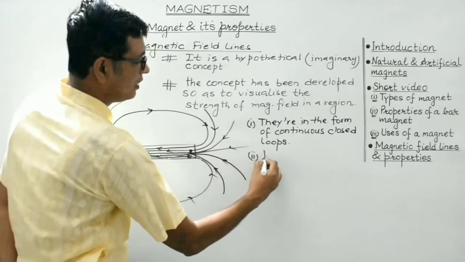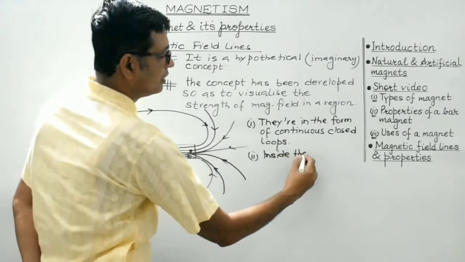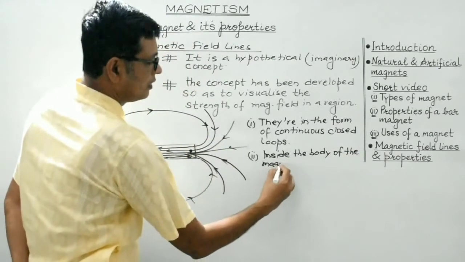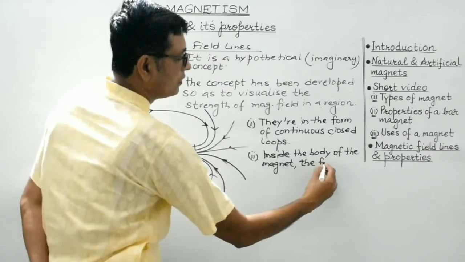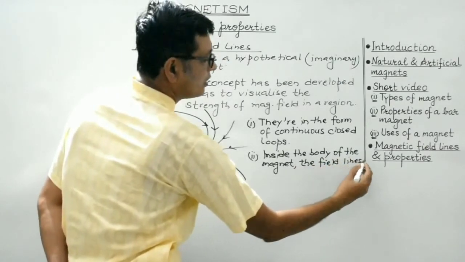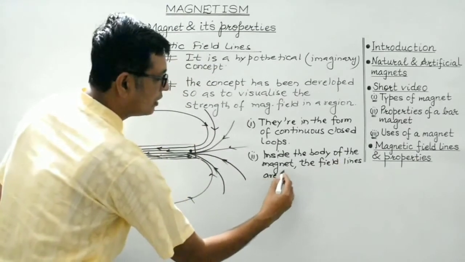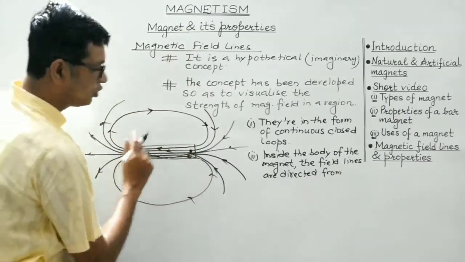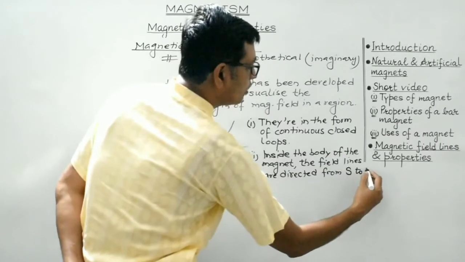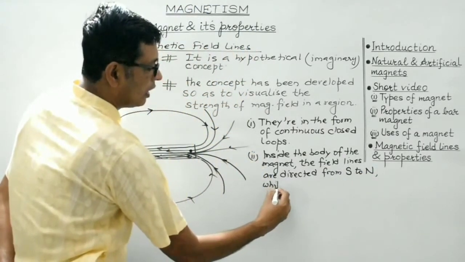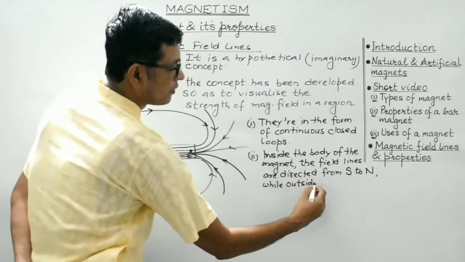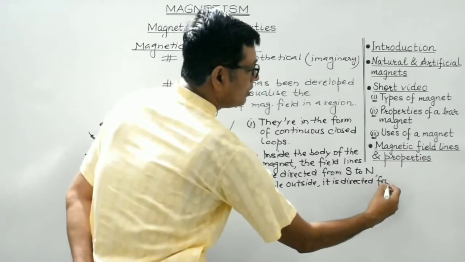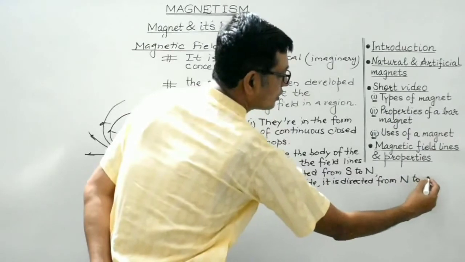Second, inside the body of the magnet, the field lines are directed, as I told you, from south to north, while outside the body of the magnet it is directed from north to south.